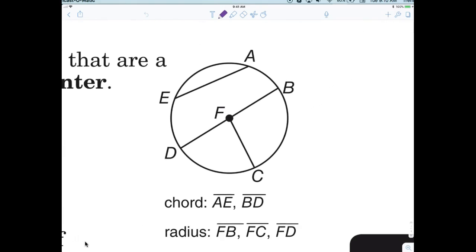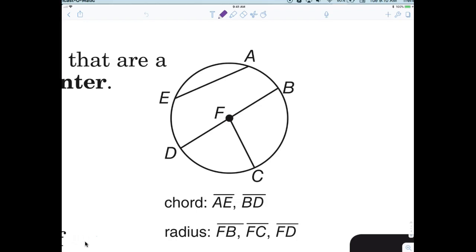A chord is simply a line segment whose endpoints are on the circle. So we could say that EA is a chord. We can also say that DB is a chord. But DB is also the what? The diameter.